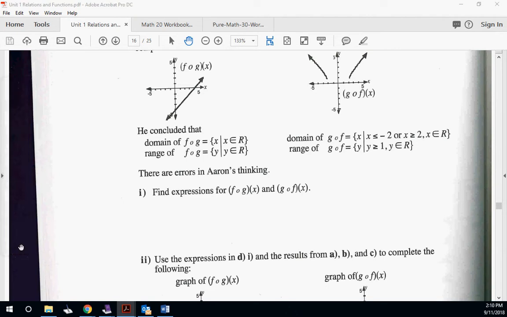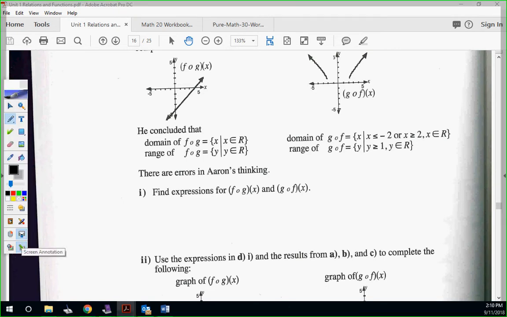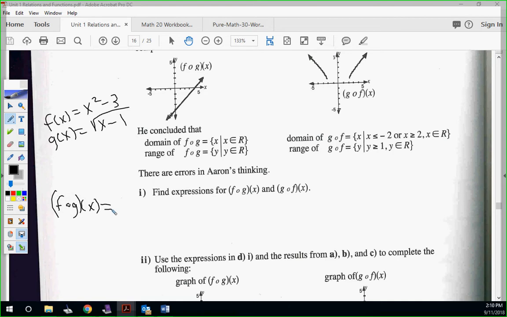Okay, so f of g. From the top, we're using the same functions. So we know that we're putting g into f here. So here's f, just so we have it on the board so we can see it. And then we have g there. So that means we're taking this and putting it right there. So for f of g, it will be x minus 1 minus 3.